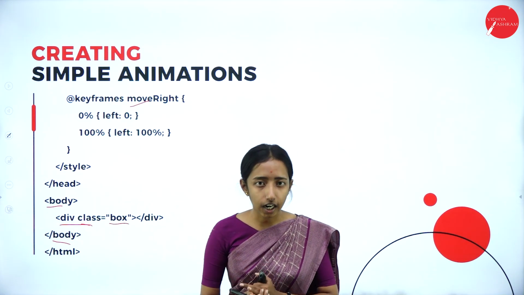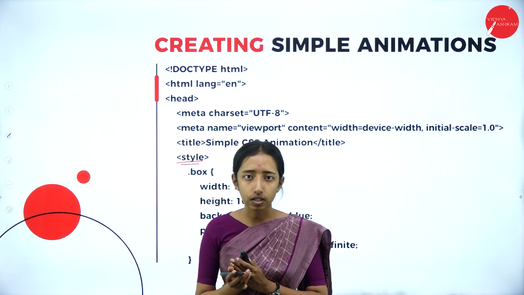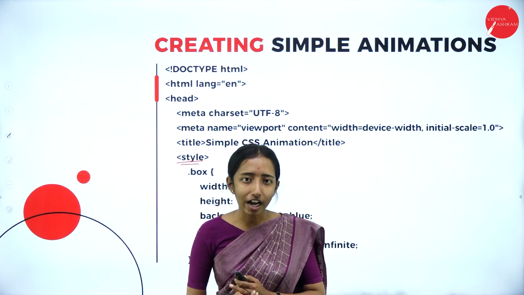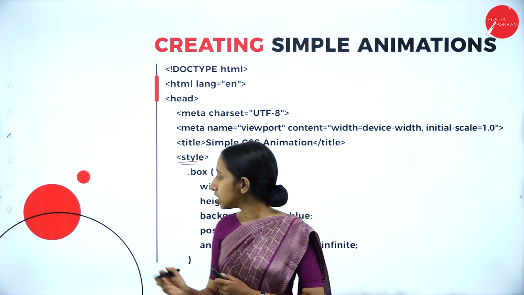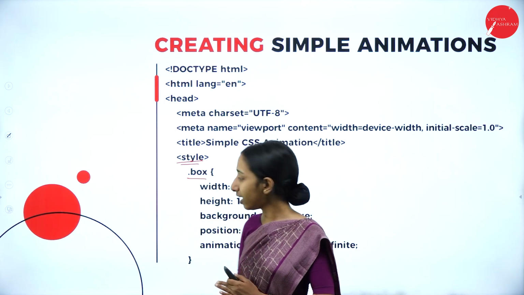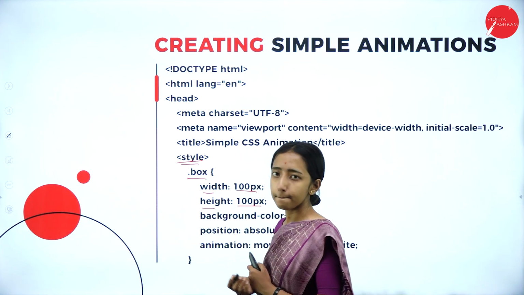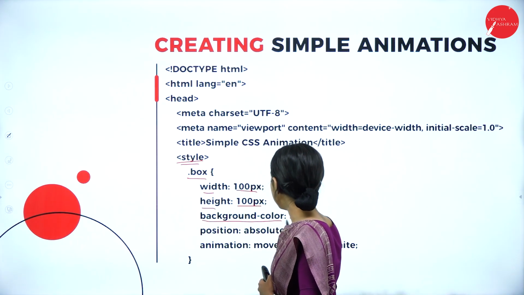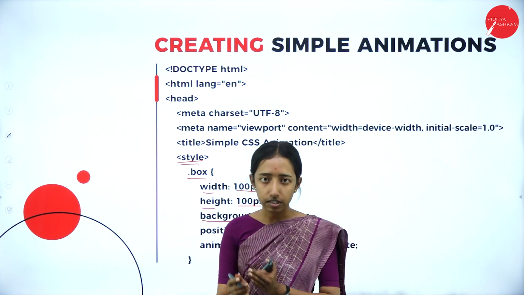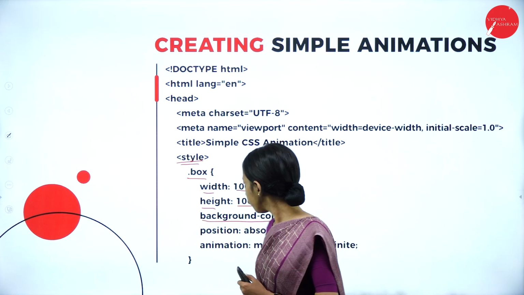In the style I am using CSS properties and values to style the box. Dot box inside the style tag: width 100px, height 100px, background color blue.